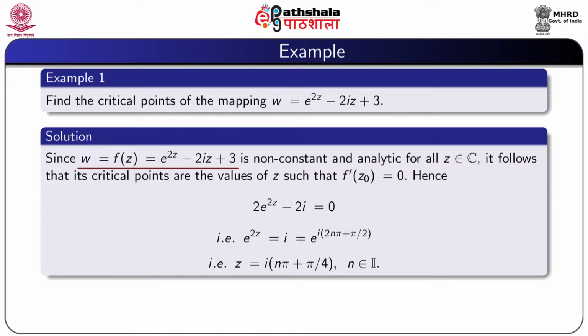Since w = f(z) = e^(2z) - 2iz + 3 is non-constant and analytic for all z in the complex plane, its critical points are the values of z for which f'(z0) = 0, and therefore 2e^(2z) - 2i = 0, that is e^(2z) = i, which is equal to e^(i(2nπ + π/2)), and this gives the value of z as z = i(nπ + π/4), where n belongs to I, the set of all integers.